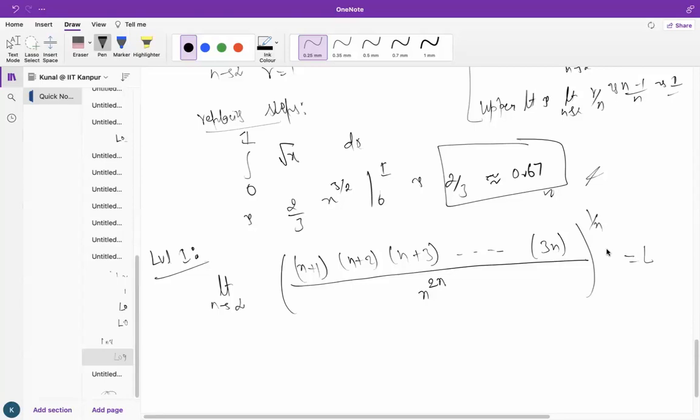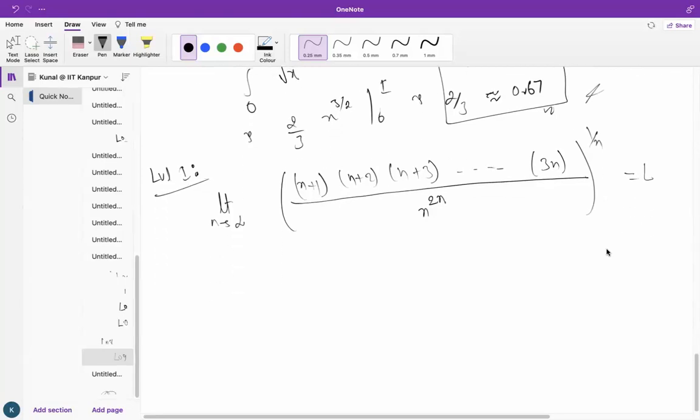Now you have to calculate its limit. Simply you have to calculate the limit, but it's not as easy as you think.